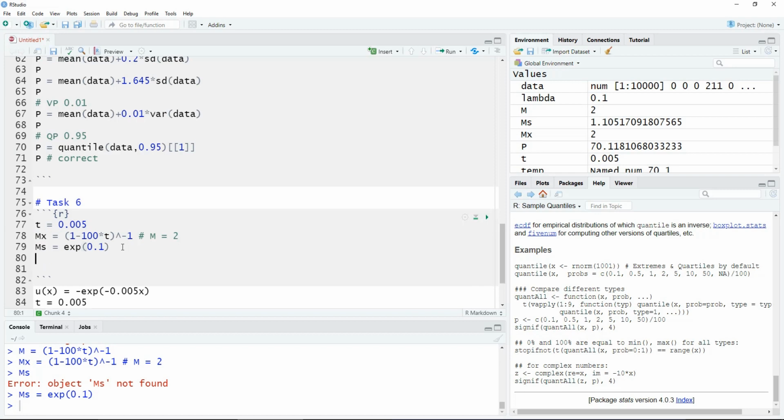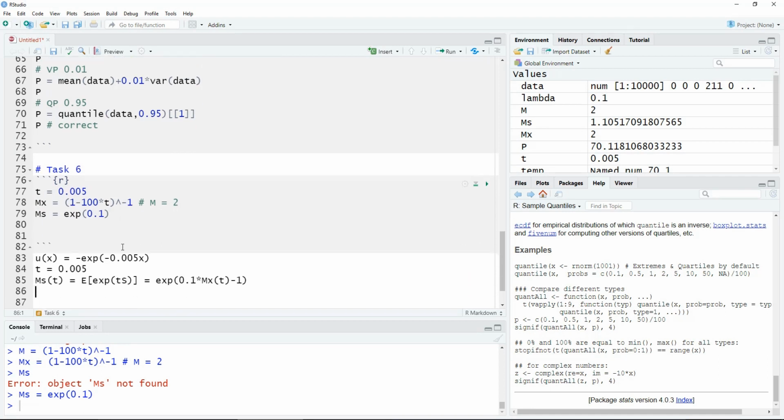So we just need to use the equality: exponent of 0.005 p equals this exponent of 0.1. Okay, so from this equality we can find this Pmax.